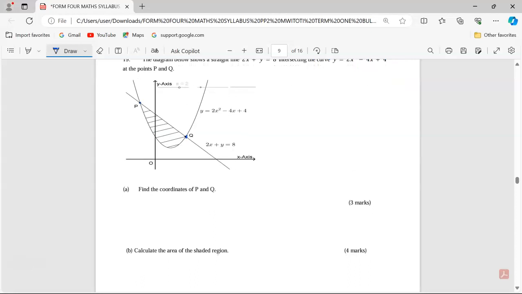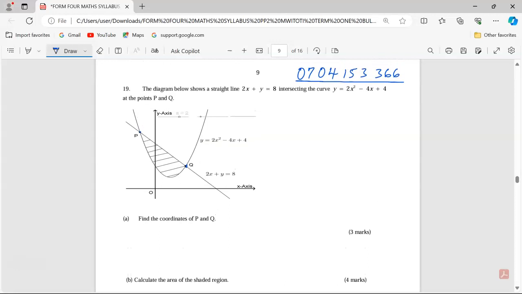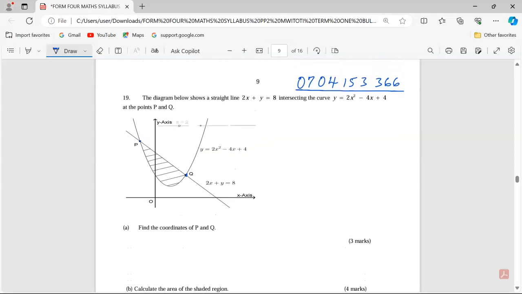Part A asks us to find the coordinates of P and Q, the points of intersection of the curve and the line. When two functions intersect, we solve the equations simultaneously. From the curve, y equals 2x squared minus 4x plus 4.